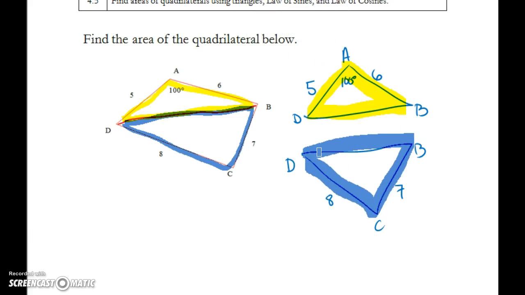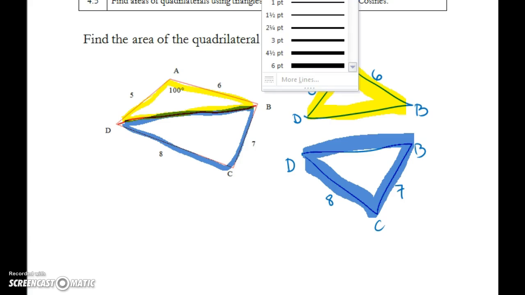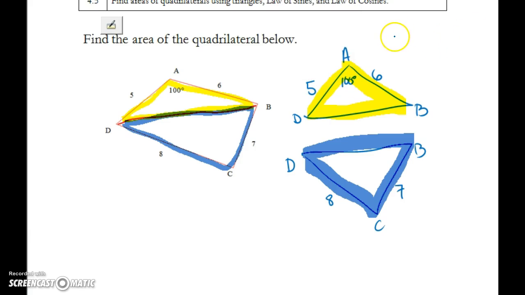Okay. So we have enough information to find the area of our yellow triangle. To find the area of a triangle, you need two sides and the included angle. And so the area of this yellow triangle is going to be 1/2 times a side times the side times the sine of the included angle.